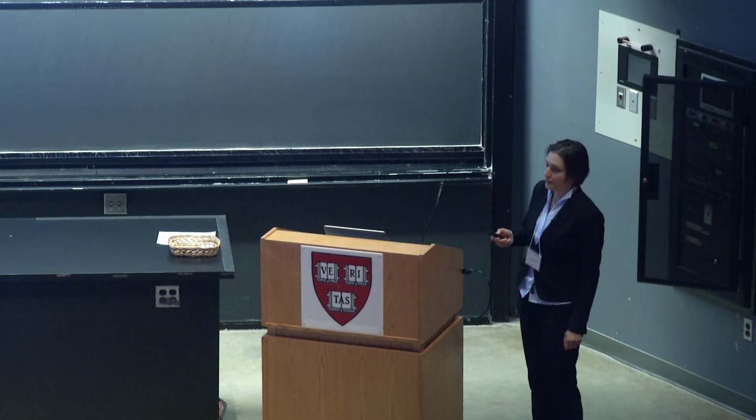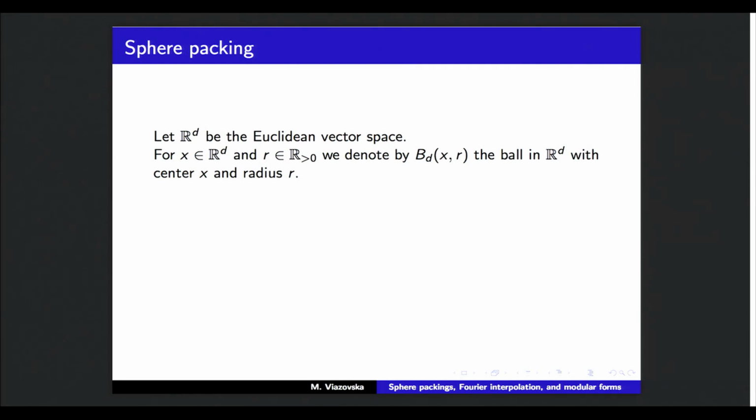So what is a sphere packing? Here's the definition, it is exactly what it sounds like. We have a d-dimensional Euclidean vector space, and in this vector space we consider balls of equal size.